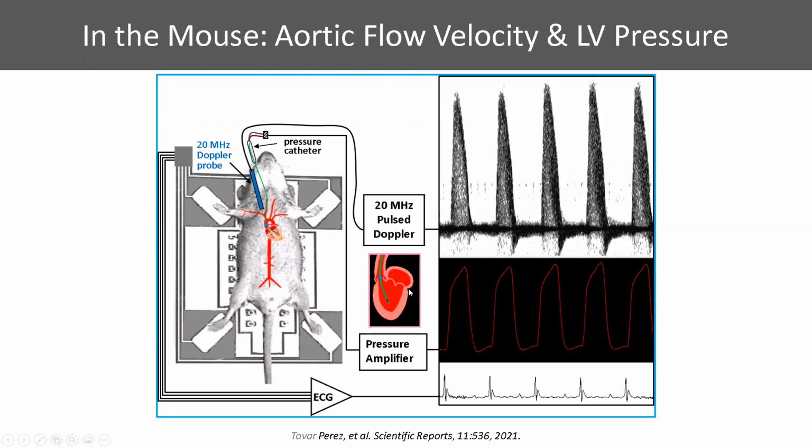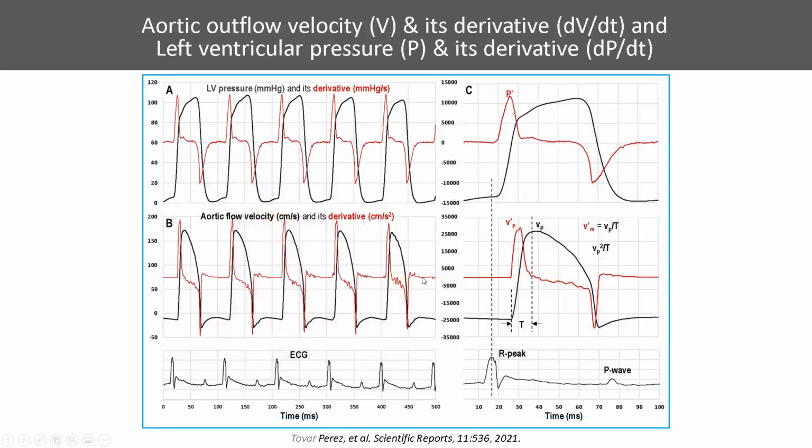So here we put a catheter, like I said, and then use the aortic outflow. That's what you're seeing here. And you extract the waveforms and then export them and take the derivatives. So here you can see these are all simultaneously obtained with whatever physiological delay there is.